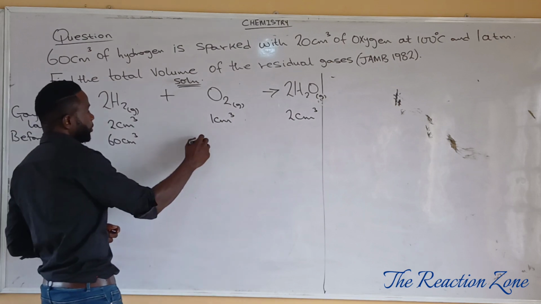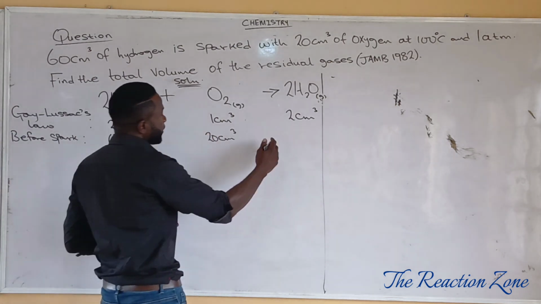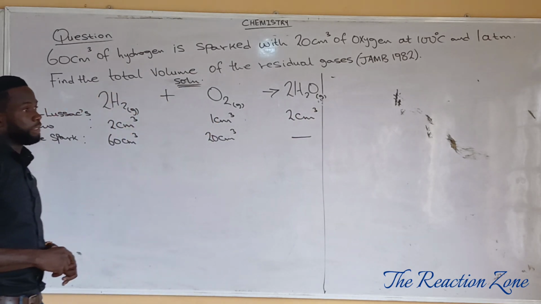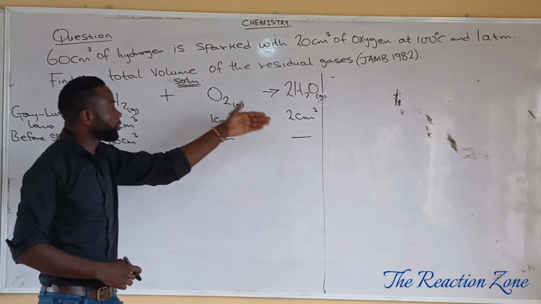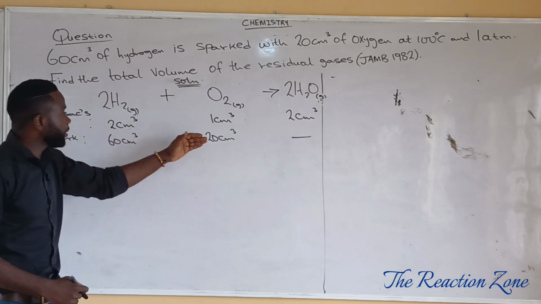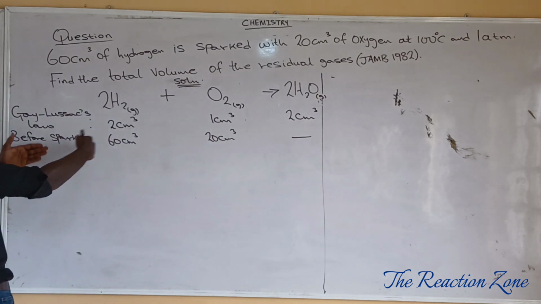The volume of oxygen is 20 cm³. And for steam, it is nil. Why? Because steam will not be formed until hydrogen gas and oxygen gas are sparked together. So at this point, the spark has not occurred yet.